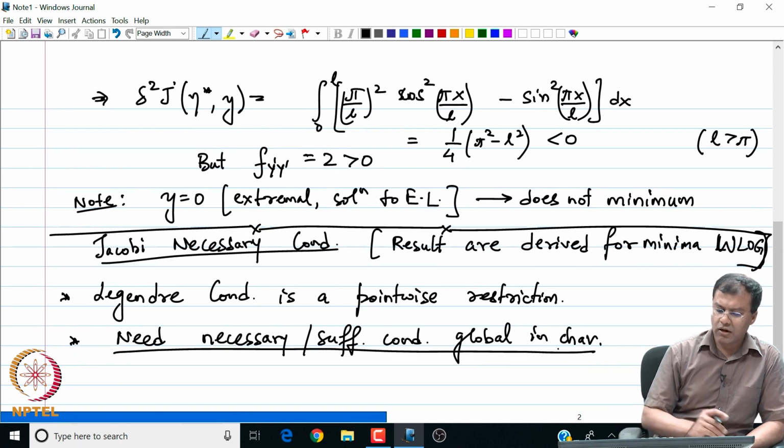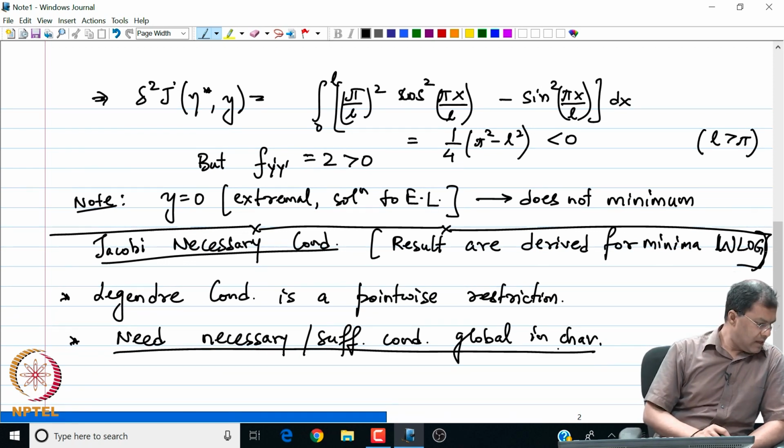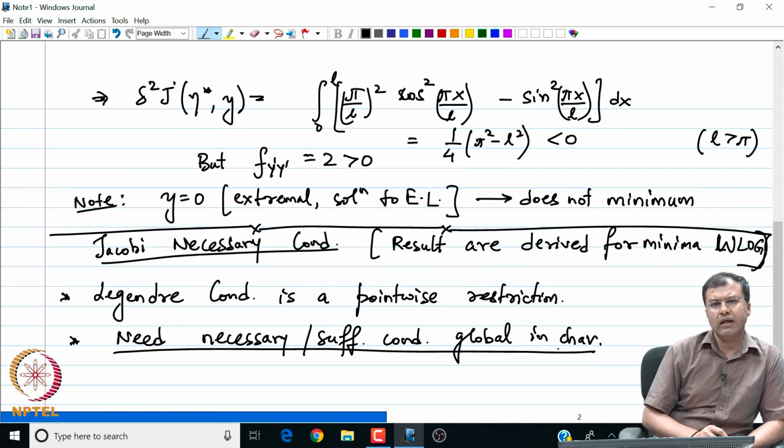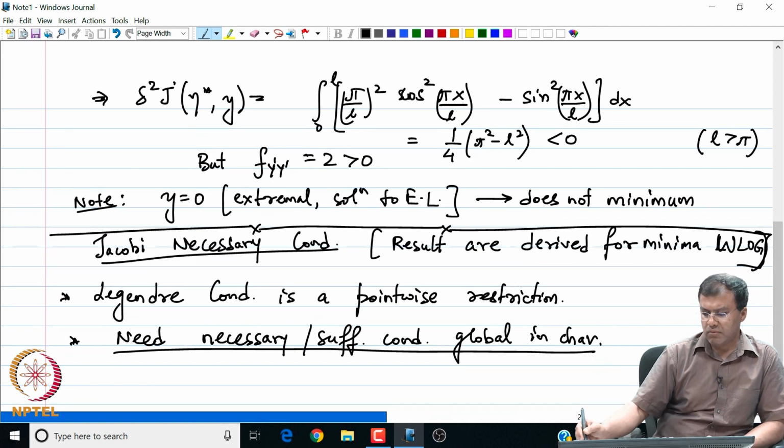We are after a global necessary and sufficient condition, and the starting point is our Morse lemma, namely the Morse zero saddle case extended to the infinite dimensional case. We have looked at the Morse lemma for the finite dimensional case.